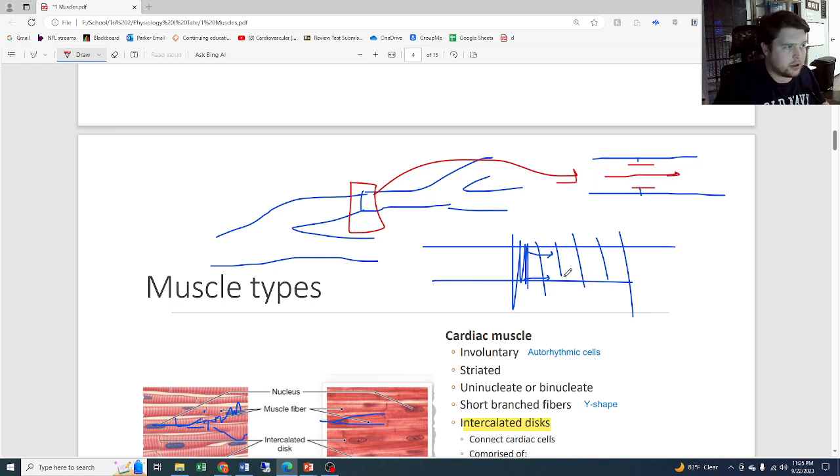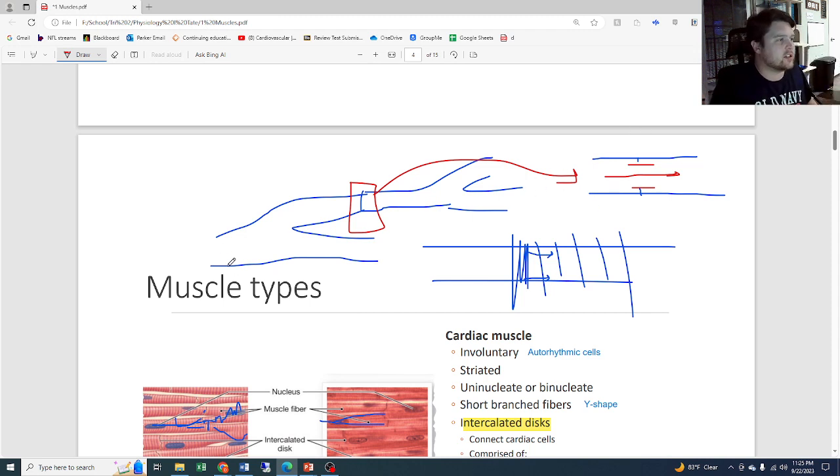of ions through it. When we talked earlier about action potentials within the neuron, a very similar thing is happening here, where we have different ions coming in, different ions going out, in order to pass an action potential, to cause contraction, to cause movement.